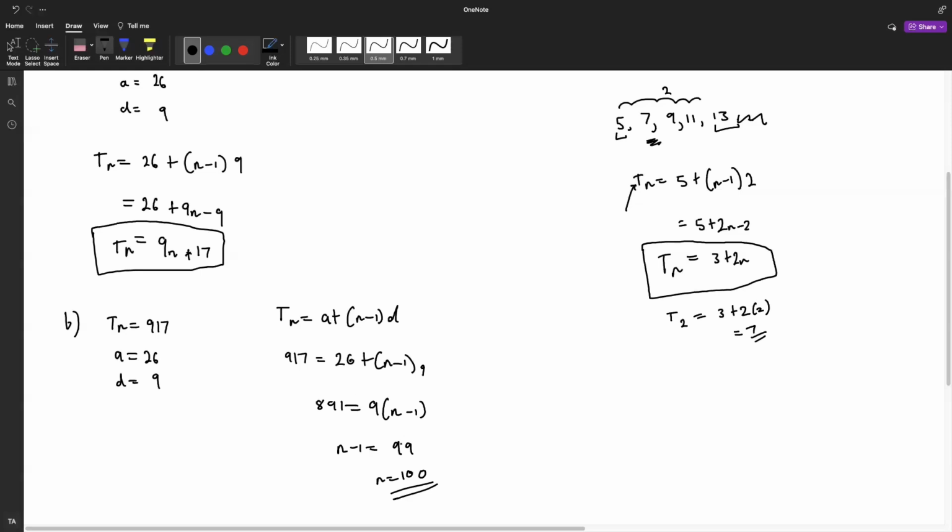And we can check that by subbing this back into our formula. When we sub in T100, we should get this last value here, 917. So T100 is equal to 26 plus 100 minus 1 times 9. And if you put that in our calculator, 26 plus 99 times 9, and that is 917.